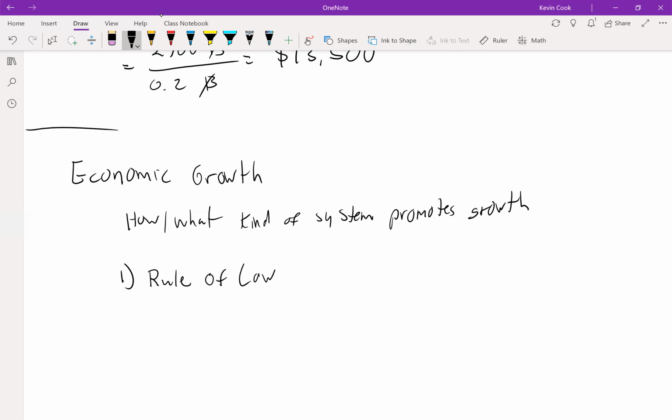And a part of this rule of law, we're going to have property rights. With our property rights, we're just saying, hey, this is my stuff. I can choose what to do with it, whatever I want to do. It's up to me to decide what to do with my stuff, right?